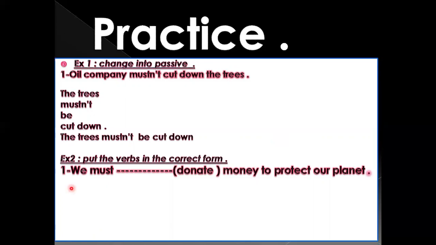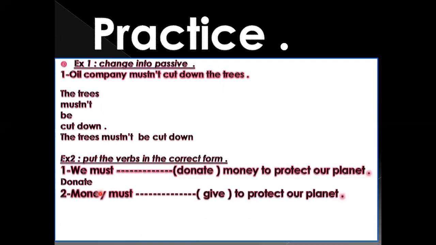We is the subject, must is the modal verb. So if you have an active sentence, what should we use after must? Excellent, the base form of the verb, or the infinitive form. So we say, we must donate money to protect our planet. If you have an active voice sentence, after a modal you have to use the base form of the verb.